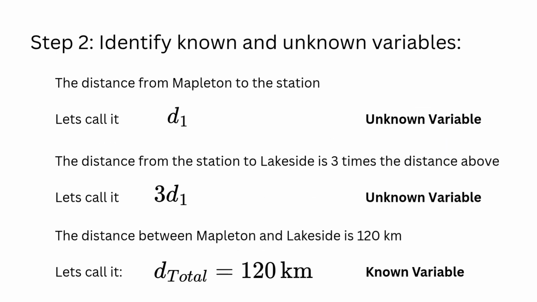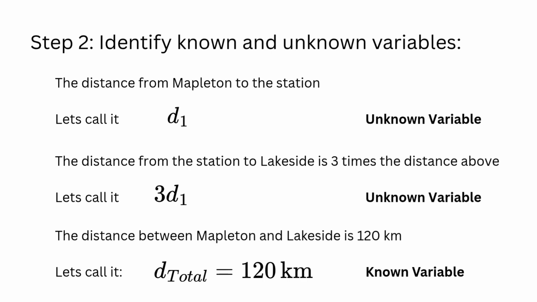So let's carry on to step number 2 and get clear on our known variables and our unknown variables. Okay, so now we'll move on to step number 2, and we identify the known variables and the unknown variables. So the first unknown variable that we're trying to find in this problem is the distance from Mapleton to the station. Let's call this D1. The second unknown variable is the distance from the station to Lakeside, which is 3 times the distance above.